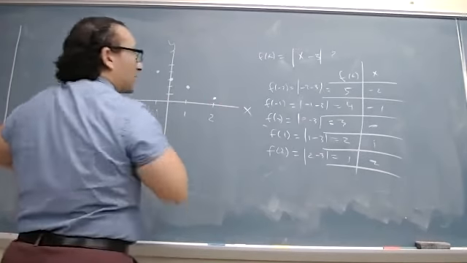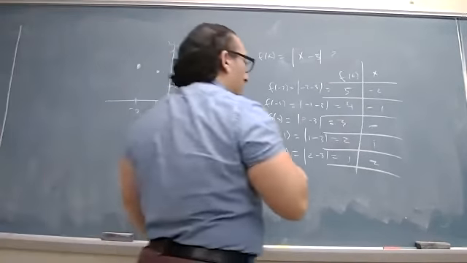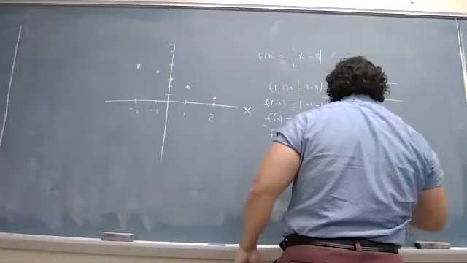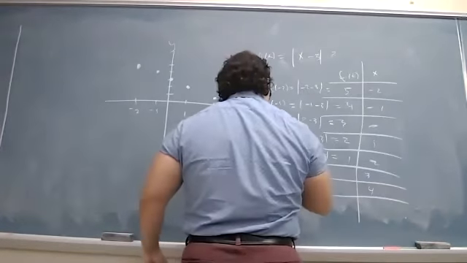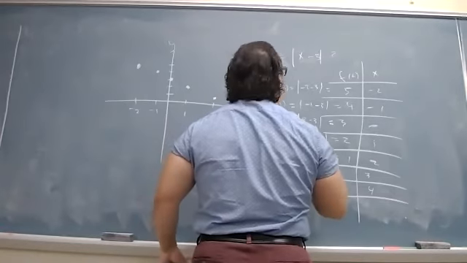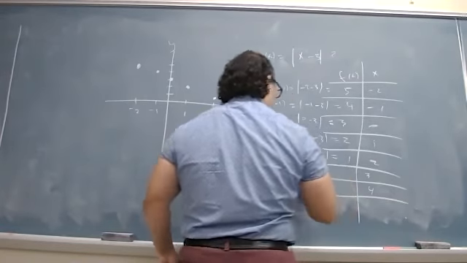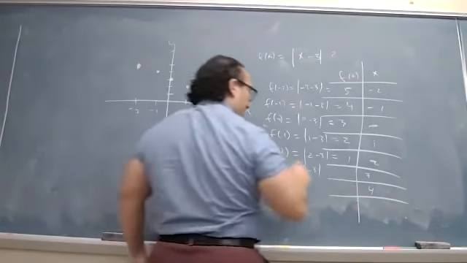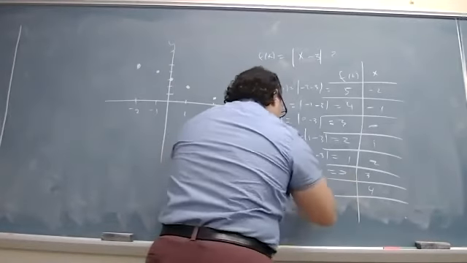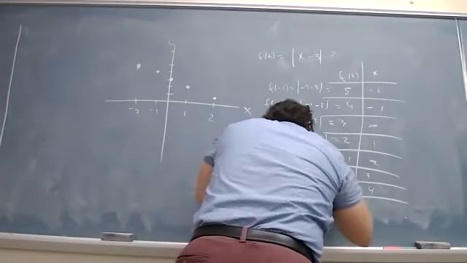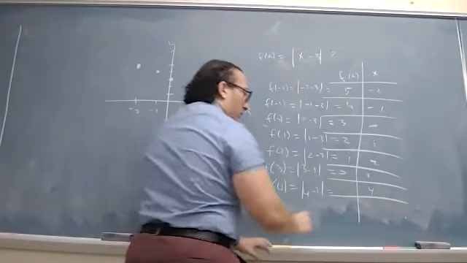And notice that we can keep going. What about for 3? What about for 4? Well, f of 3 is the same thing as the absolute value of 3 minus 3. 3 minus 3 is absolute value of 0, which is 0. And what about f of 4? Well, that's 4 minus 3 absolute value, which is the absolute value of 1, which is just 1.